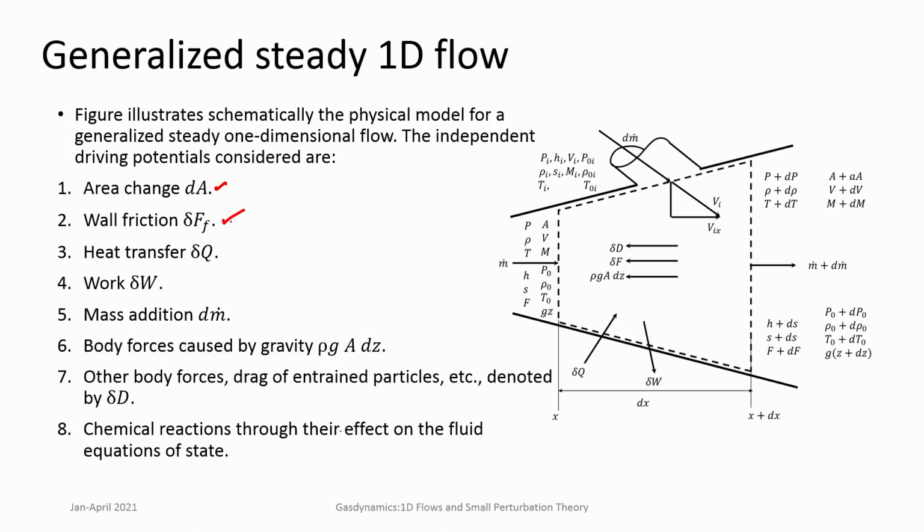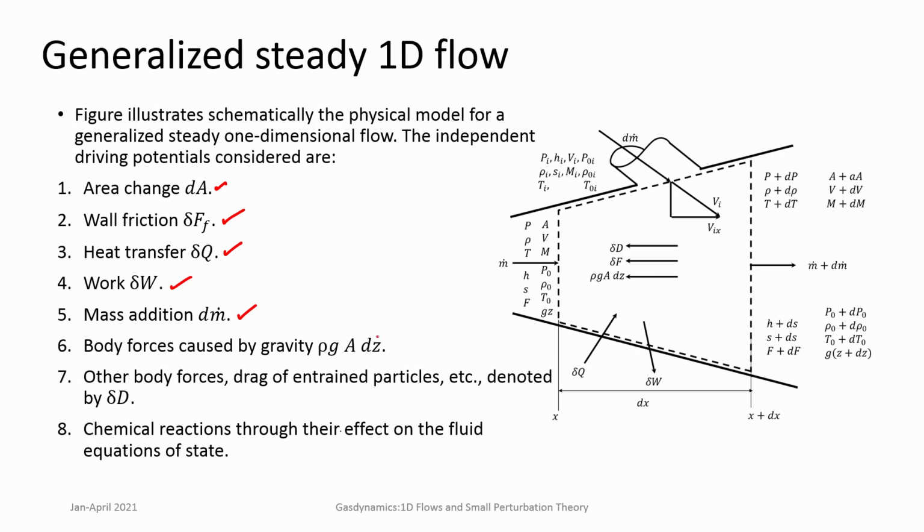There is heat that is getting added or removed, so heat transfer is there. External work can be done by the system or on the system. There can be mass addition with different stagnation temperatures and pressures for the mass being added.